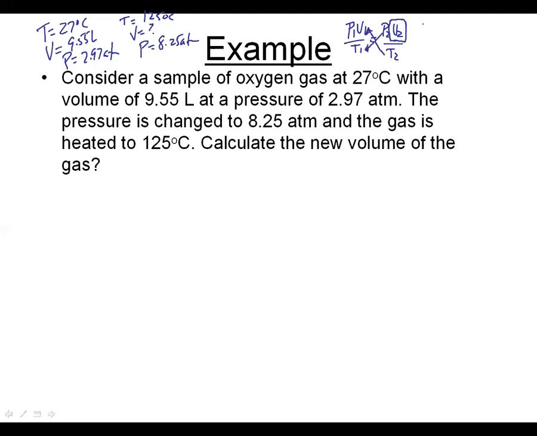And again, what we will end up with is P1 V1 times T2 divided by T1 P2, and that's going to equal our V2. So again, you want to make sure that you know how to properly rearrange these things so that you get everybody in the right location. You don't have the wrong guy on the wrong side.